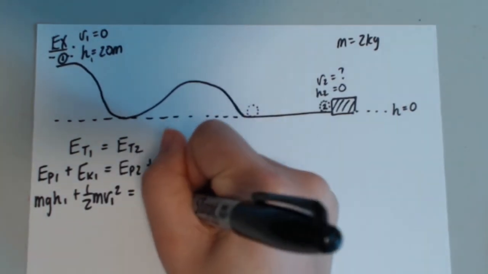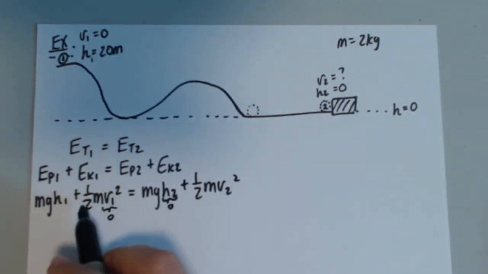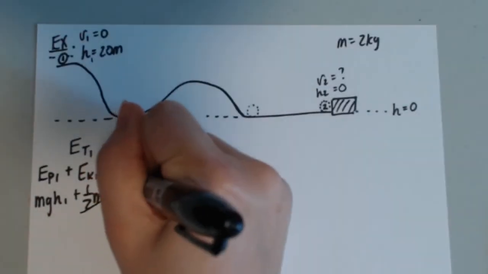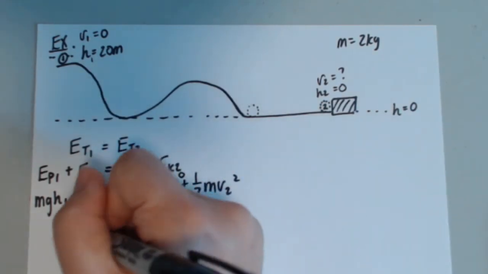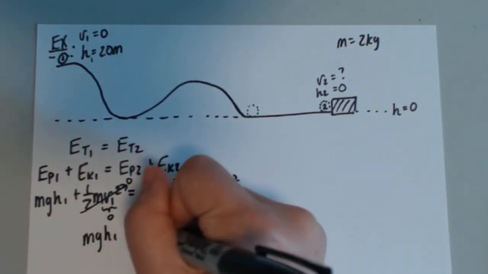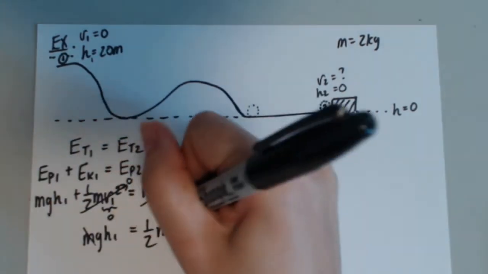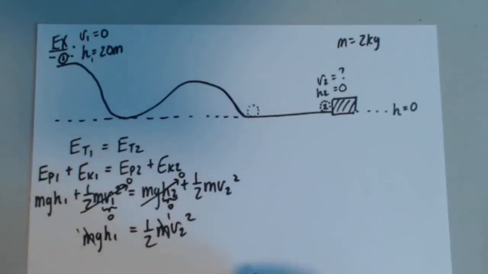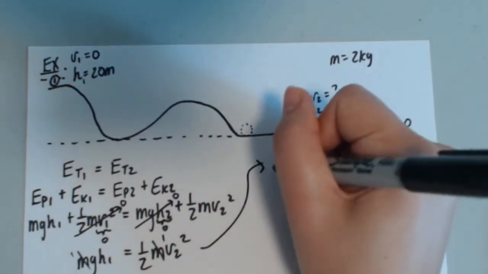H2 is 0 and V1 is 0. 0 squared times anything is 0, so this whole thing is gone. And 0 times mg is 0. So we're left with mgh1 equals 1/2 mv2 squared. Okay, so mass gets canceled. Now rearranging for V2, actually I can bring this over here.